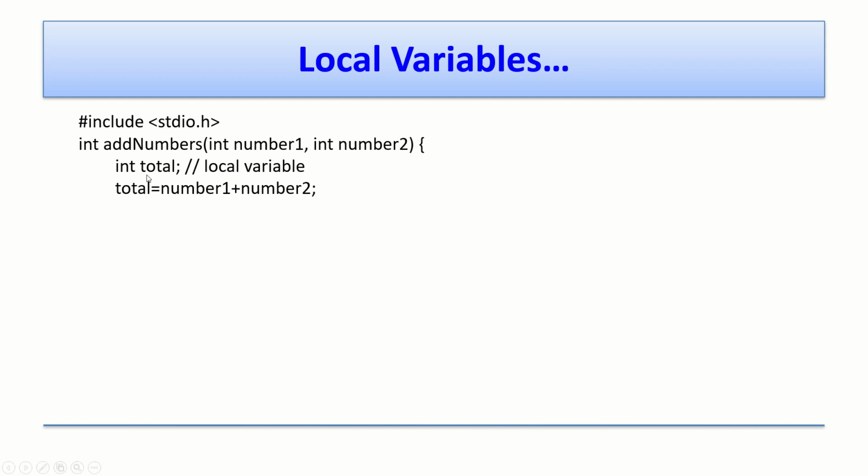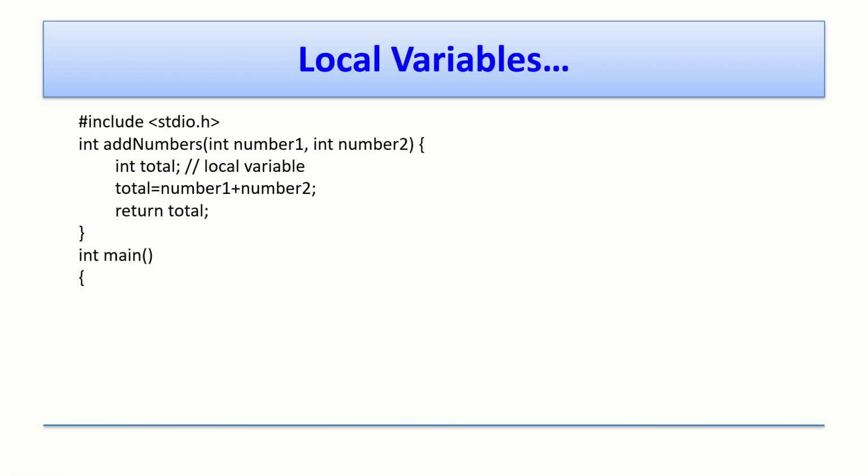This is called a local variable because this variable is declared inside the add numbers function. Then I assign the summation of number one and number two to the local variable total, and then I return the value of the total variable.